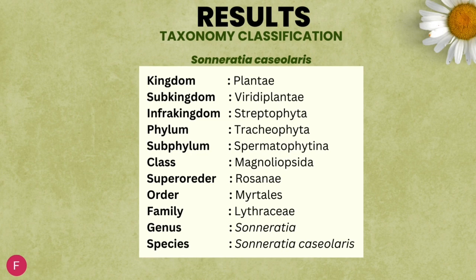For this species, the kingdom is Plantae, subkingdom Viridiplantae, infrakingdom Streptophyta, phylum Tracheophyta, subphylum Spermatophytina, class Magnoliopsida, superorder Rosanae, order Myrtales, family Lythraceae, genus Sonneratia, and the last is the species Sonneratia caseolaris.